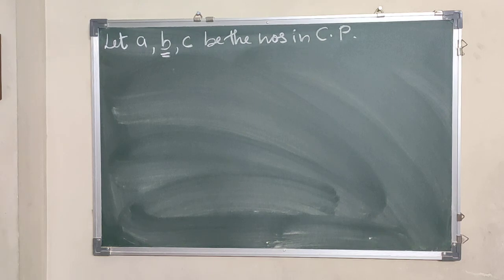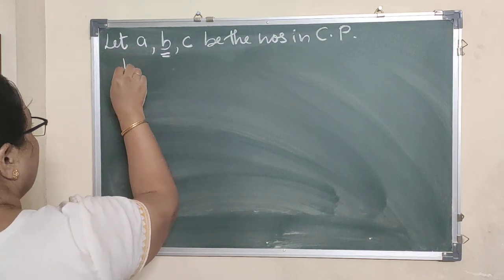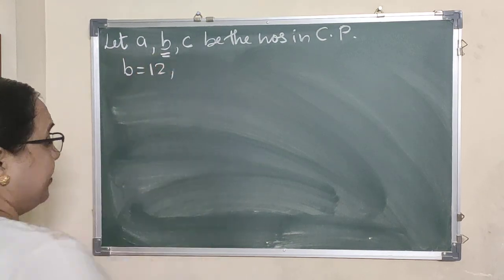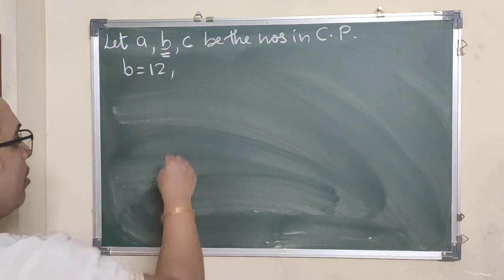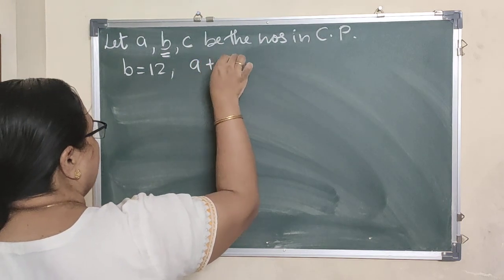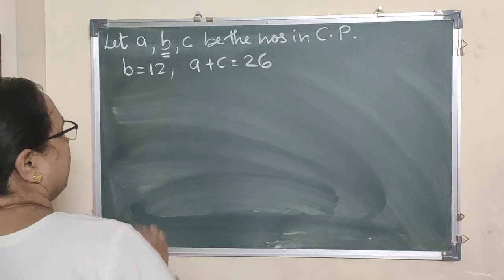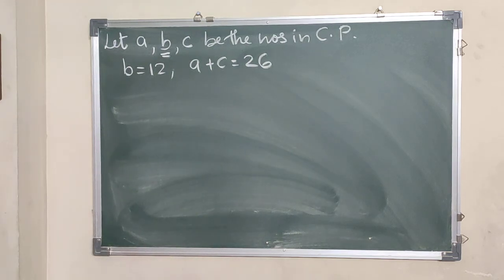What is given in the question is whose mean proportional is 12, and what more? Sum of the remaining 2 numbers is 26. These are the 2 things given to us.